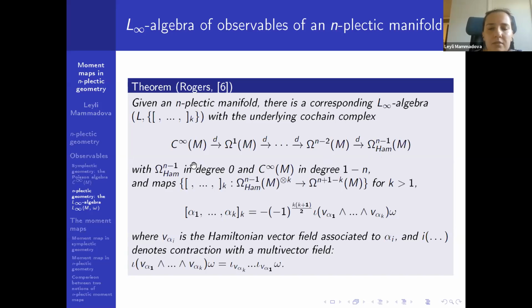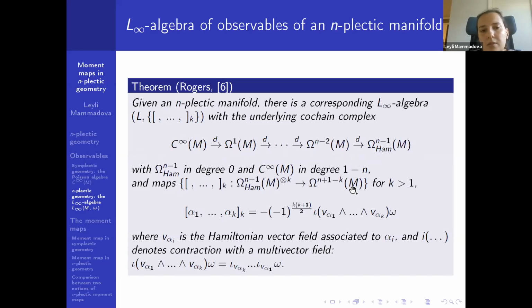Right, no, sorry, ignore what I said. So this guy is in degree 0, and then it goes by decreasing degree by 1, and the final one, C infinity M, is in degree 1 minus n. And as we know, the L-infinity algebra is the vector space and the collection of maps.